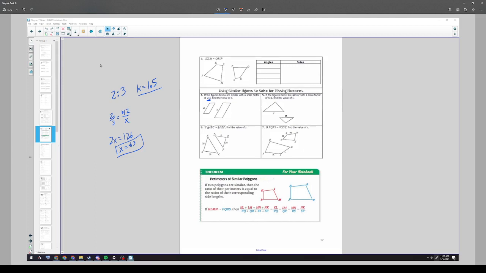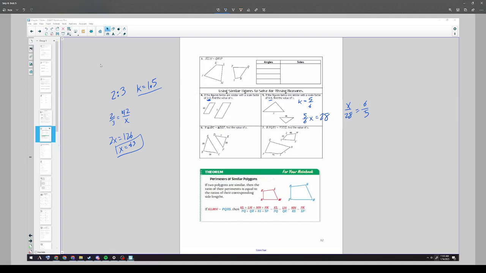Okay, so if the figures below are similar with a scale factor of 6 to 5, meaning k equals 5/6, so we're getting smaller, then we want to find the value of x. So if we're multiplying, I could think of it as 5/6 of x equals 28, or I could set up the proportion as x over 28 equals this ratio of 6 to 5.